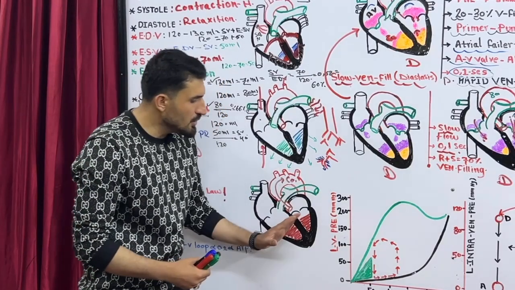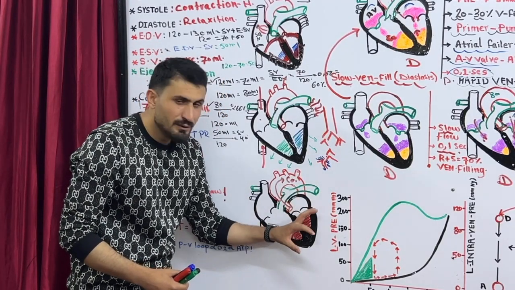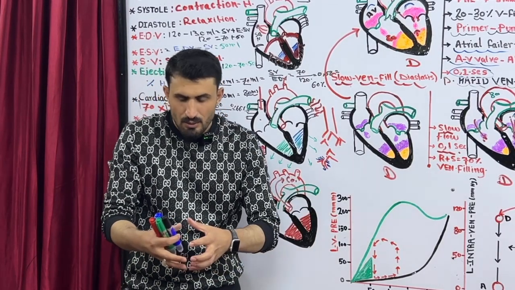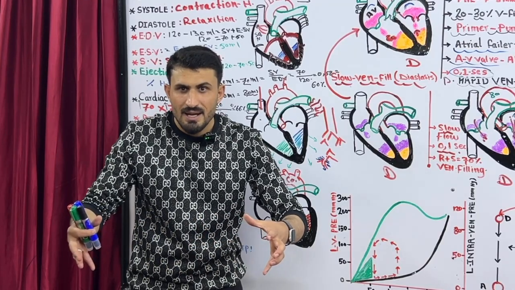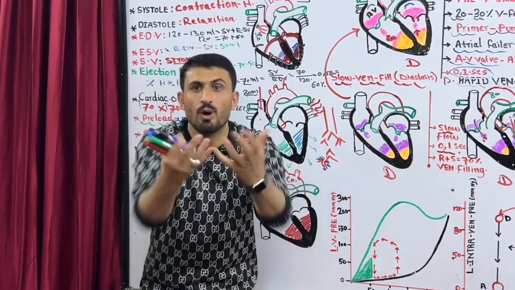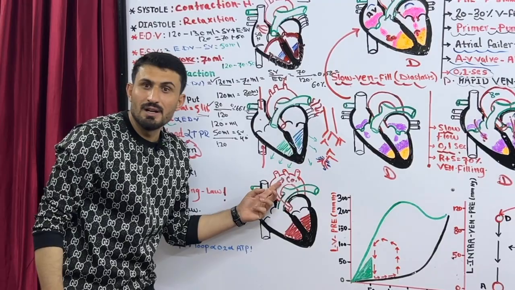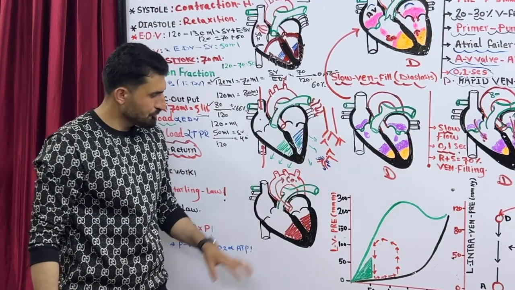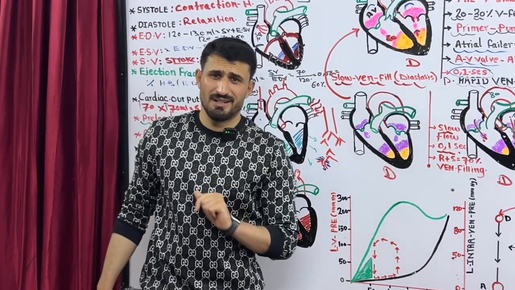It means when you fill left ventricles more, it will give you more cardiac output or stroke volume. Okay, but in physiological limit.